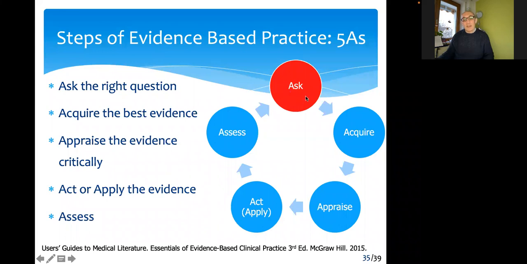Evidence-based medicine starts with asking an answerable clinical question, then acquiring the best evidence, collecting the evidence, appraising and deciding: is this evidence high or low, is it strong or weak, and then applying this in our practice, assessing what happened, did it benefit, should we continue this practice, and always follow the circle from the beginning. Therefore, some titles in this course will be taken actually from this slide.